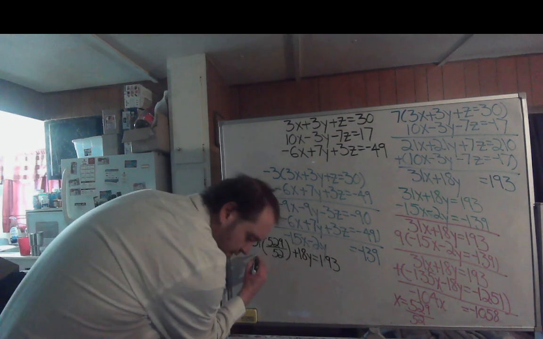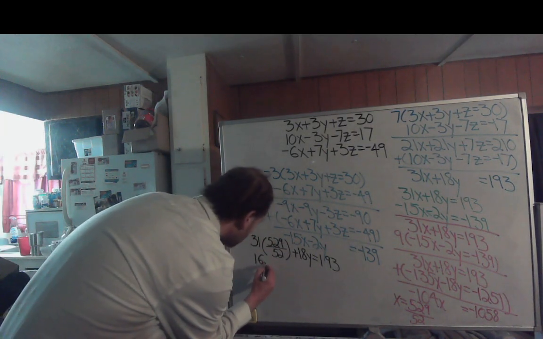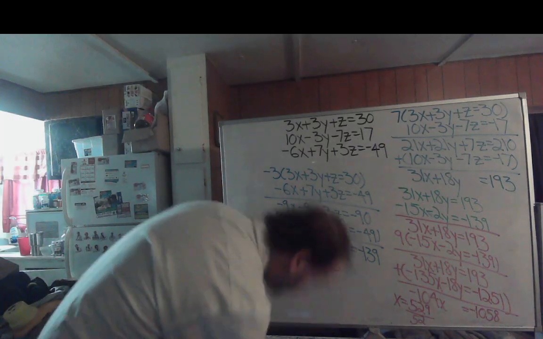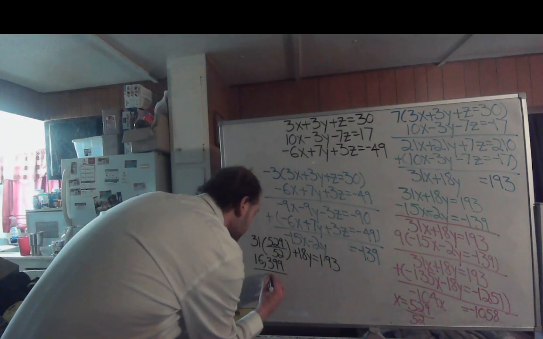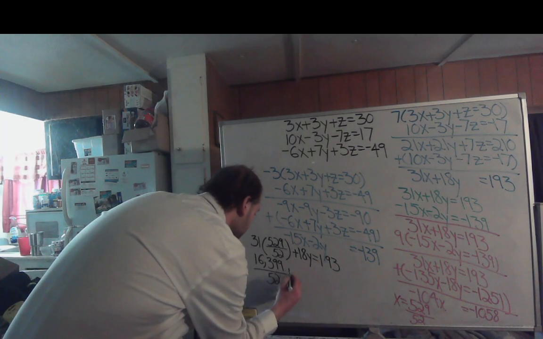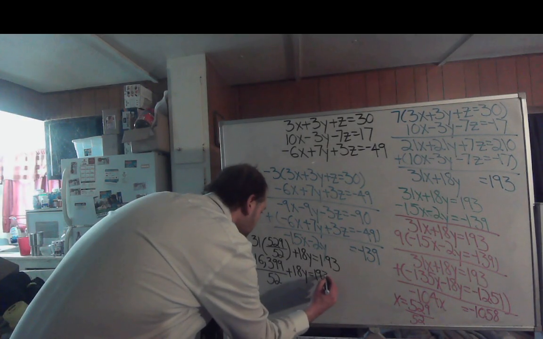You would end up with 16,399 over 52 plus 18y equals 193.